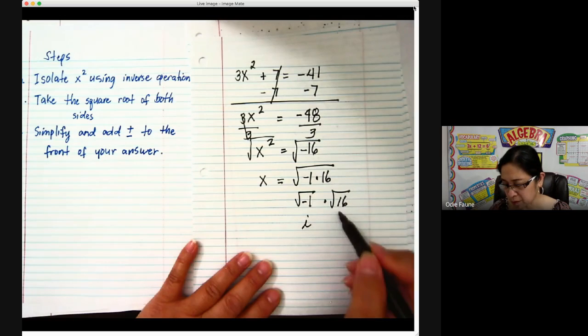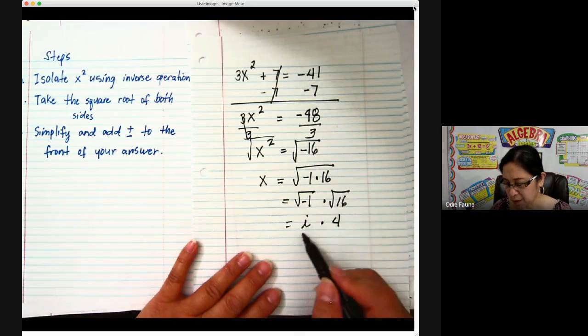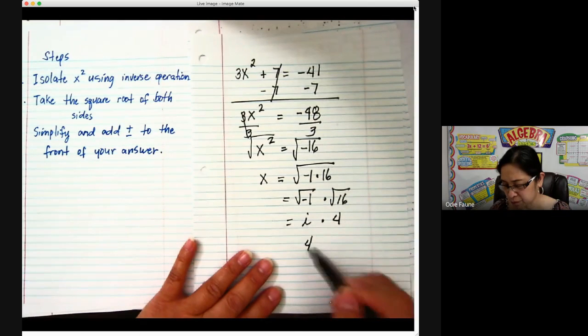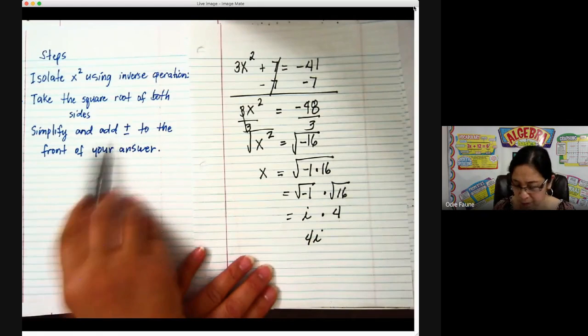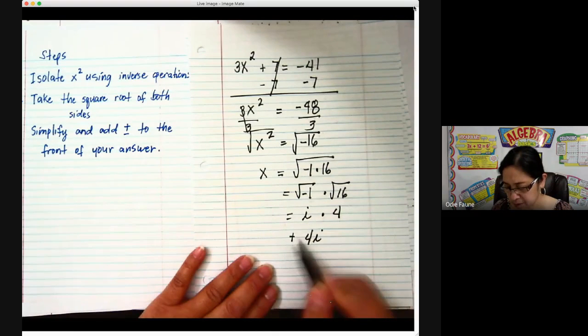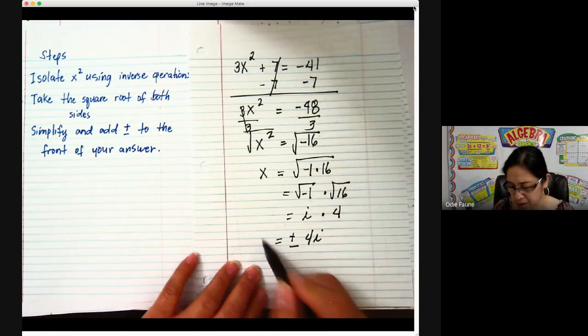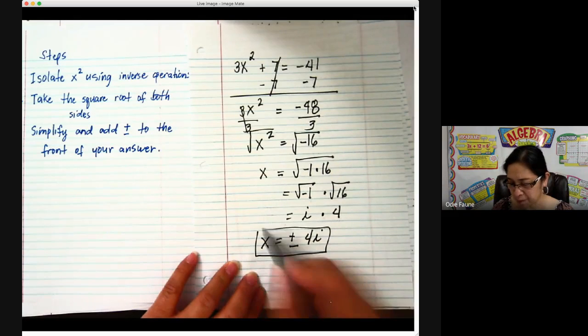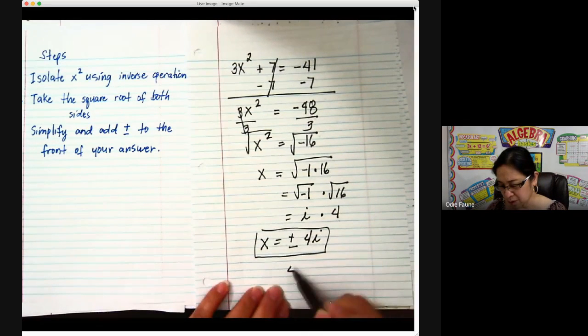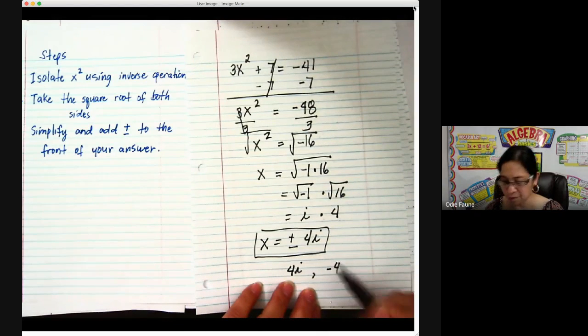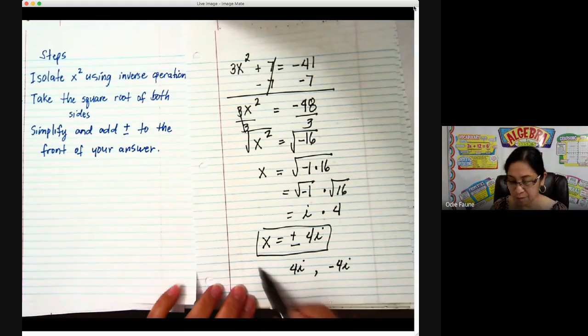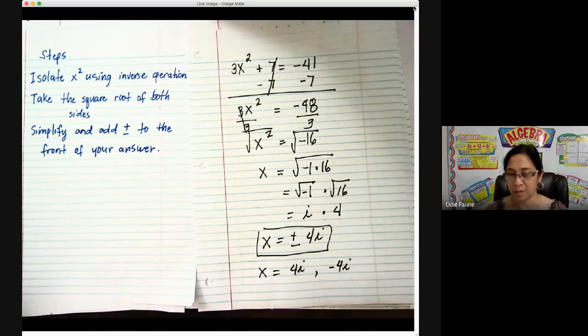The square root of 16 is equal to 4. Multiplying i and 4, we get 4i. And then, add plus and minus to the front. This is our x value. What is the meaning? So, x is 4i and negative 4i. These are the two values of x.